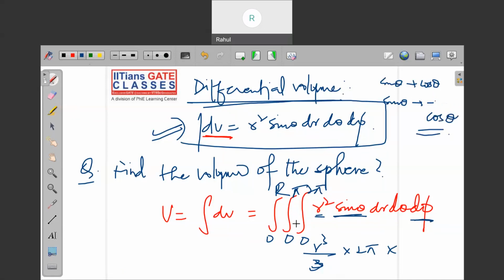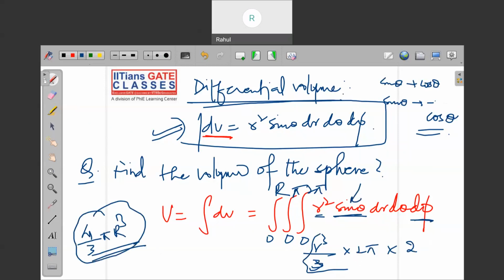What you will get here is 2 from the sine component. As we know, the expression is 4 by 3 pi r cube. You get 2 from this sine component, so 2 twos are 4, and this is the volume you have got.